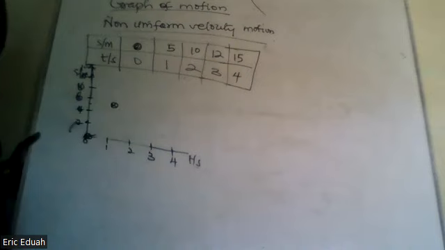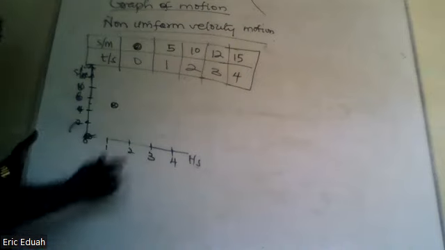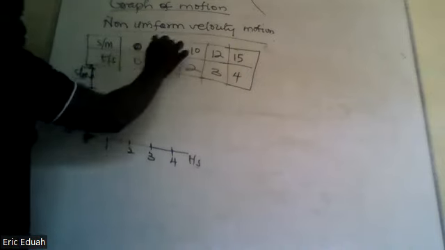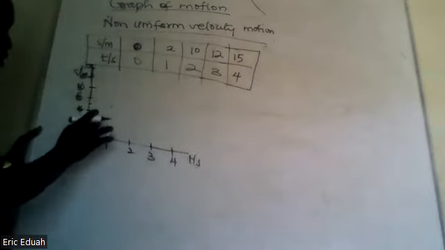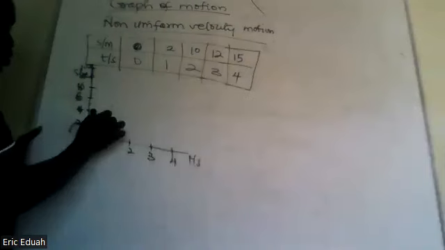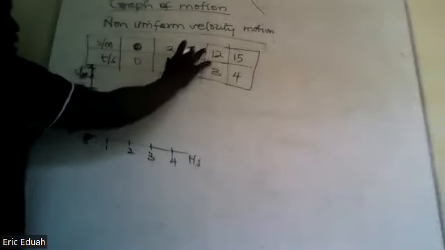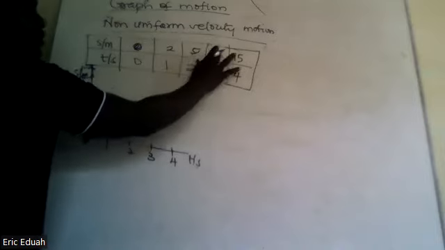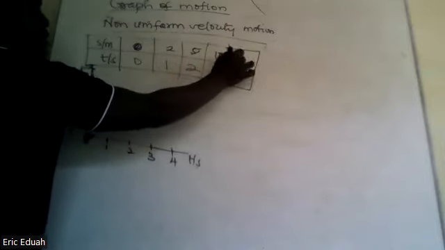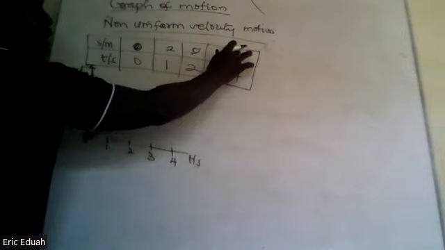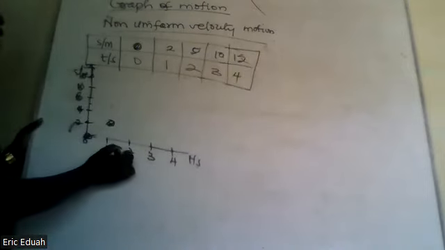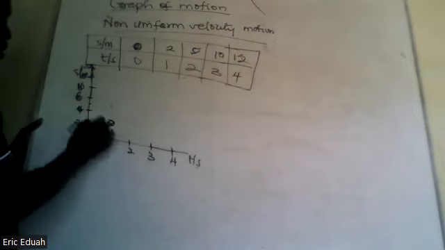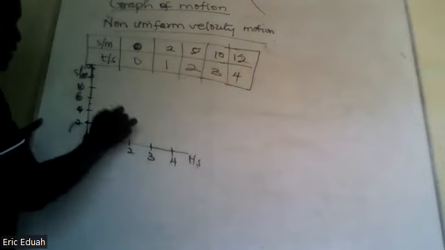Let me reduce this to 2 so that the curve is not so steep or sharp. So this is 2. The next is 5, 10, 12. So at t equal to 2, the distance covered is 5.